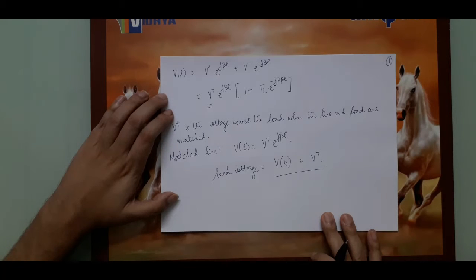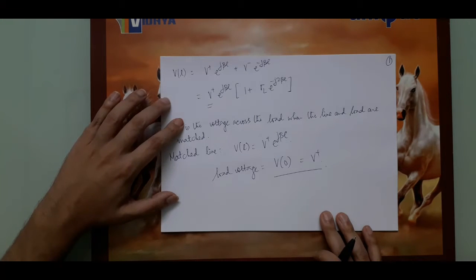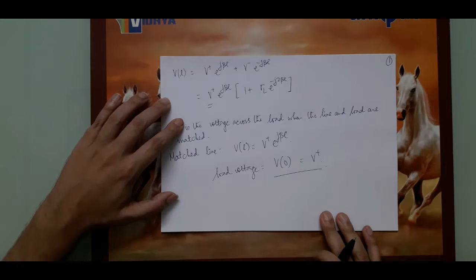However, how do we measure this V plus when the line and load need not be matched? In that case, V plus is dependent on the load and also the source. We have also not talked much about the source so far.